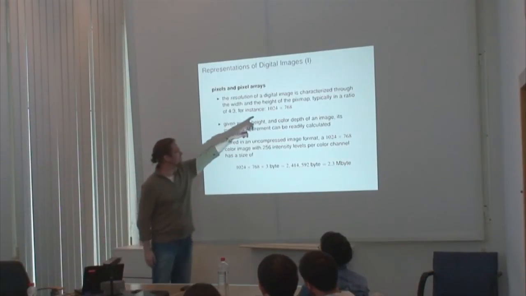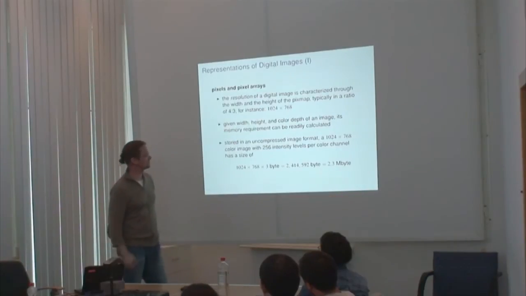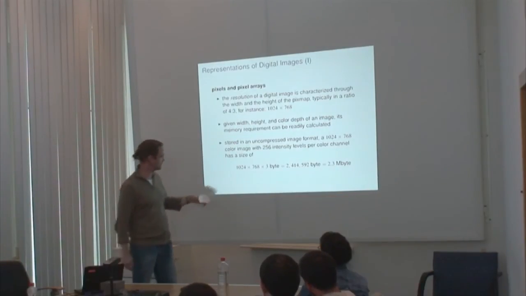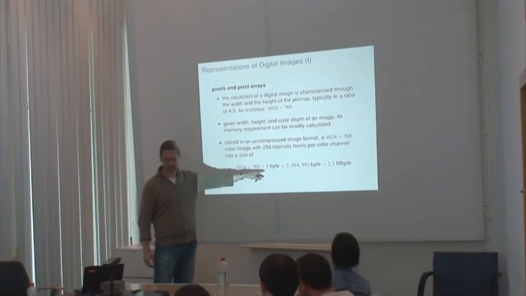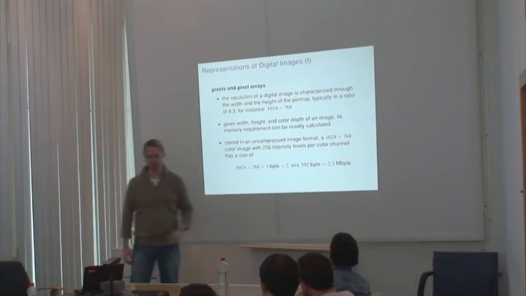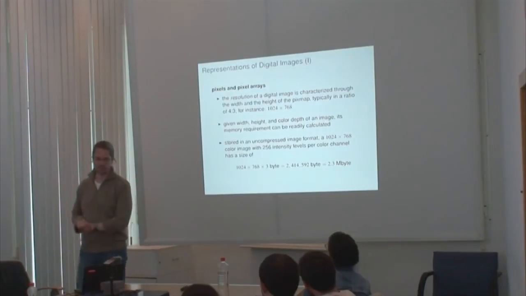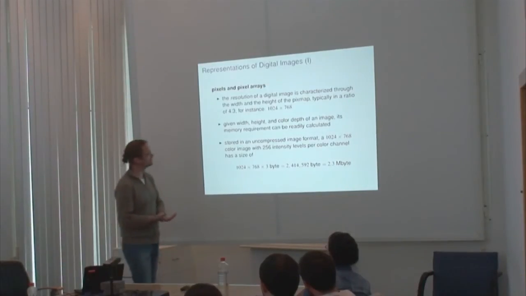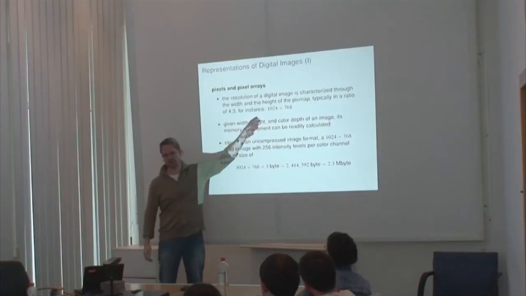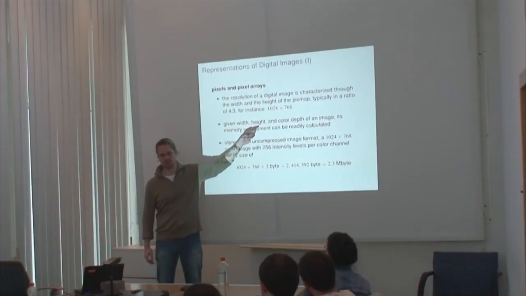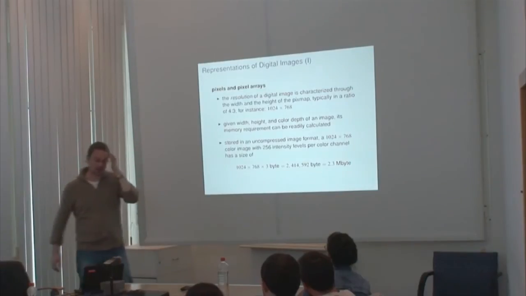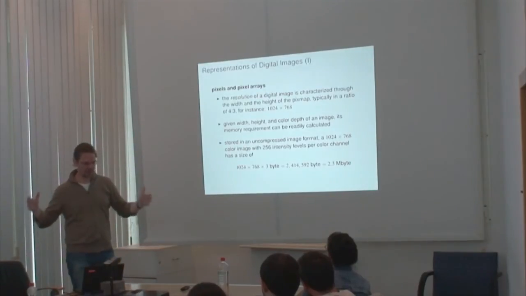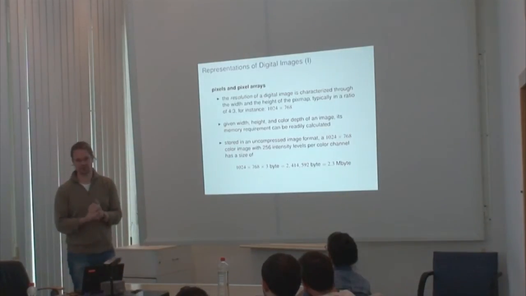So this image would require memory of the order of 1024 times 768 times 3 bytes, and that is about 2.3 megabytes. This is funny because nowadays this would be considered a really low resolution image. But already, without compression, it would eat up 2.3 megabytes of memory in your computer.